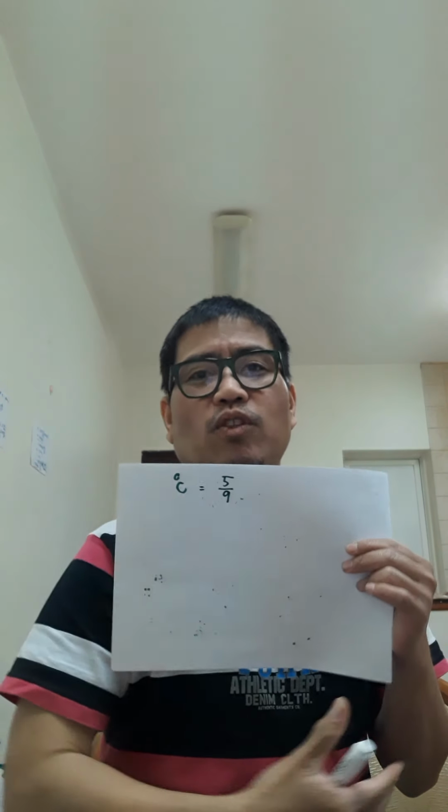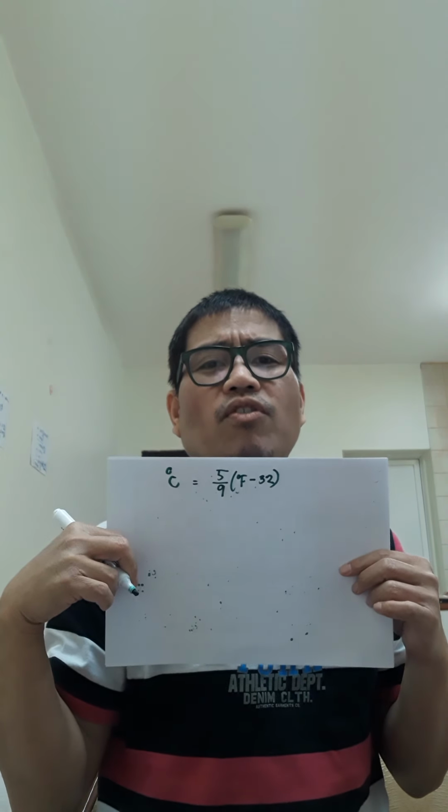And then we need to subtract on the other side the Fahrenheit. So open parentheses, Fahrenheit minus 32, close parentheses. If the fraction is small, then what is beside it, you have to subtract. This is the formula of degrees Celsius.